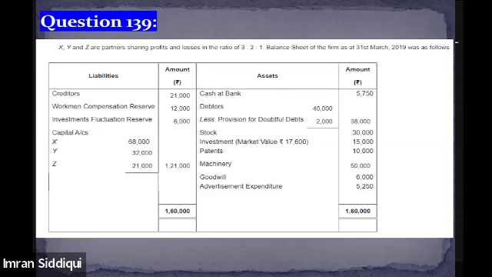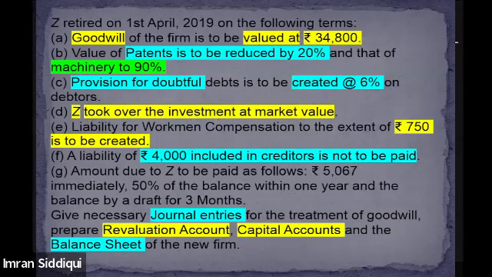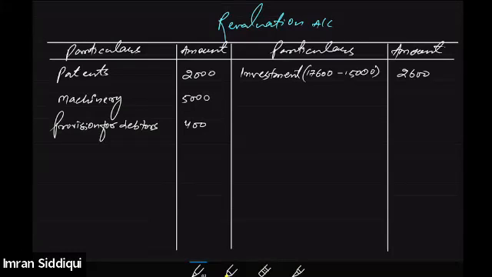So this means that we clearly have a profit here, a gain in the investment, so that needs to be recorded on the credit side of the revaluation account. That is what I'm doing. Now clear? Yes, sir.